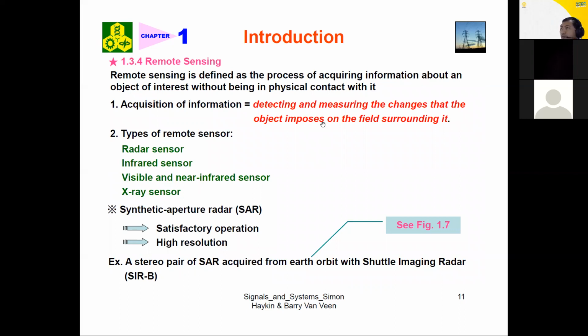Another application is remote sensing. Remote sensing is acquiring information or images from a long distance object using radar, infrared sensor, visible light sensor, X-ray sensor, something like that.